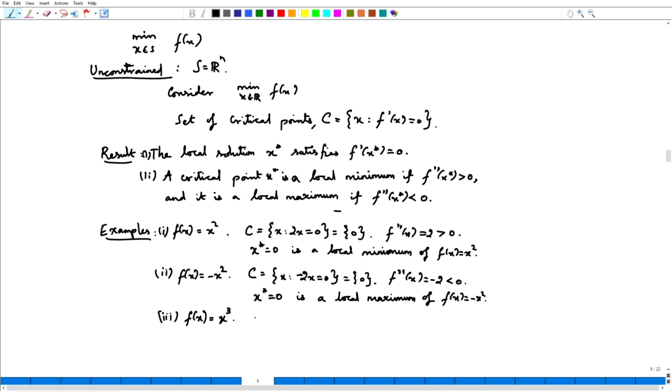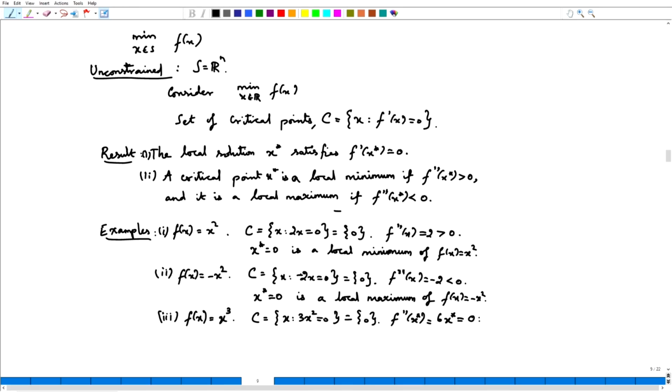Okay. Here you can see that the set of critical points is x such that 3x squared equal to 0, so the critical point is 0 again, and f double dash of x is 6x, so you should write f double dash of x star is 6x star, which is equal to 0.